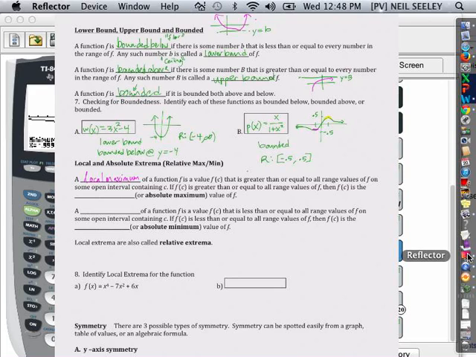And then the other one says, if f of c is greater than or equal to all the other values of f, then f of c is called the absolute maximum, which I really like that word, by the way. Sometimes it's just called the maximum. But let's just circle absolute maximum. That's what I would like you to put in that space anyway. Absolute minimum. A local minimum, which I'll also describe in more detail.